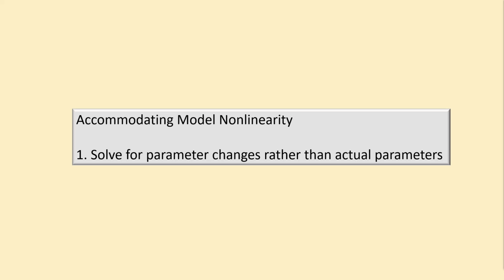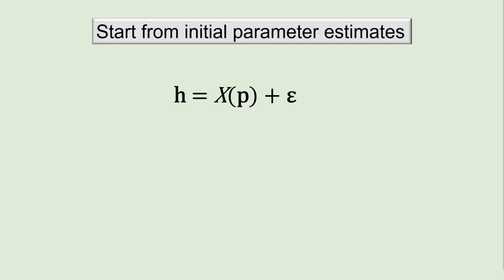Let's see how this works. This is my new equation, but if I'm going to apply the theory that we've been talking about so far, I have to linearize this equation. That is, somehow or other, I have to replace this nonlinear operation with a linear operation, that is, a matrix operation.